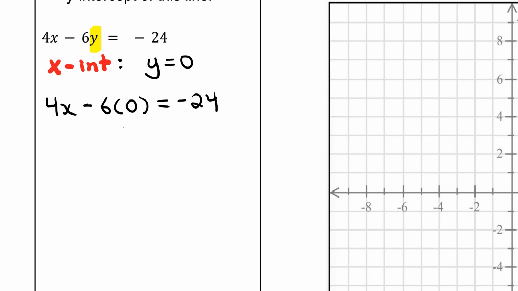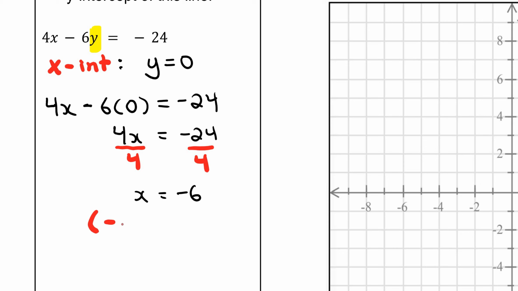Now we have 4x equals negative 24, and then we can divide both sides by 4. And then we have an x value that equals negative 6. So your x-intercept is negative 6, and the way you write that as a coordinate is negative 6, comma 0. So there is your x-intercept.